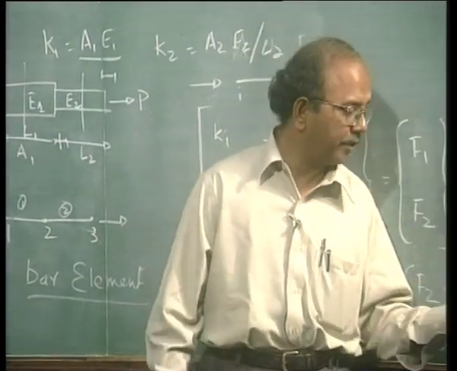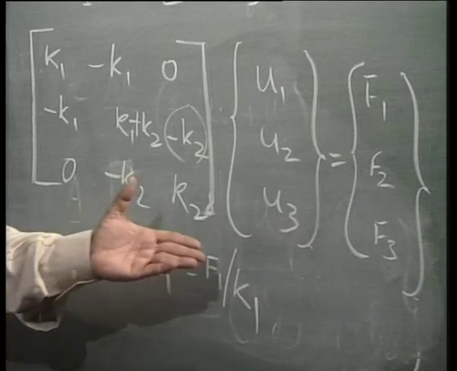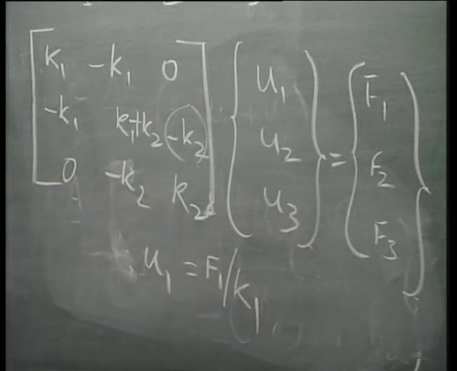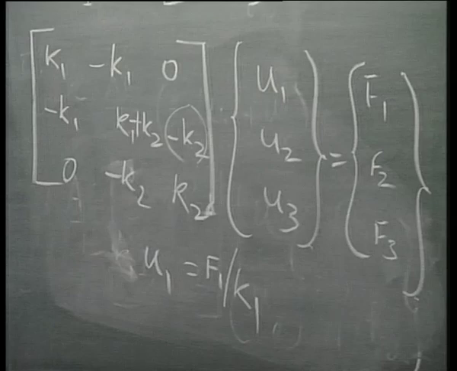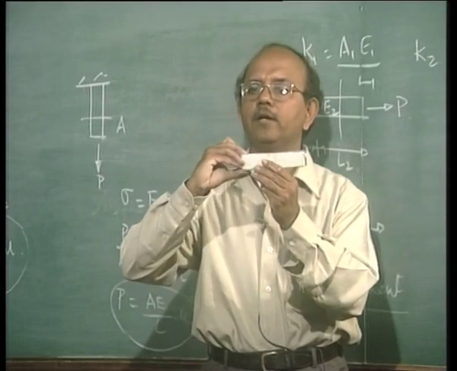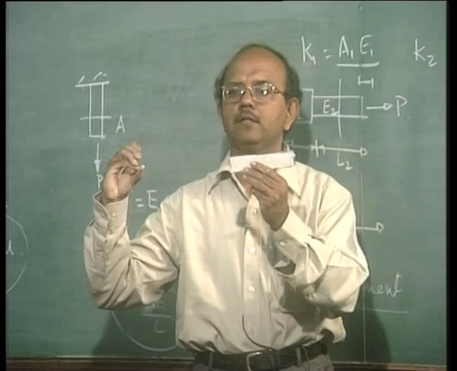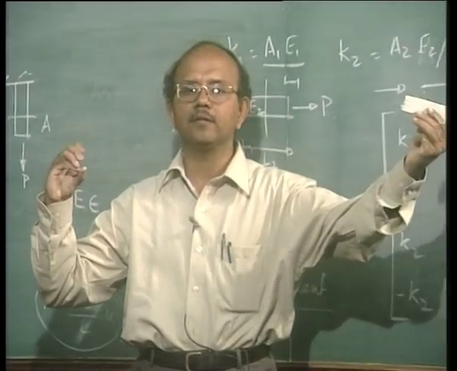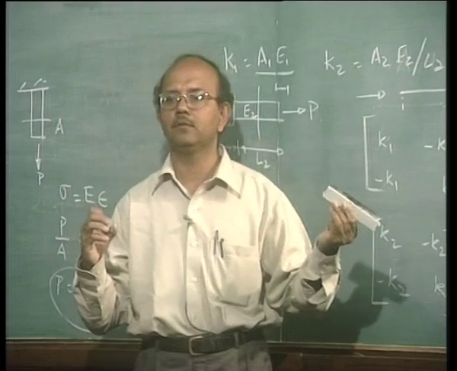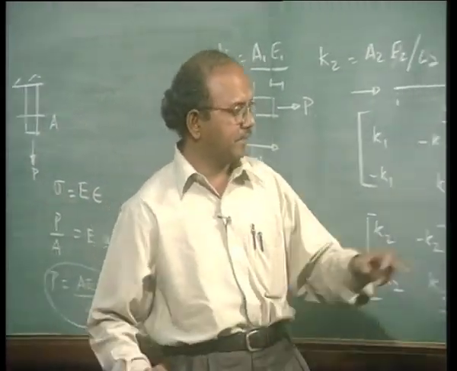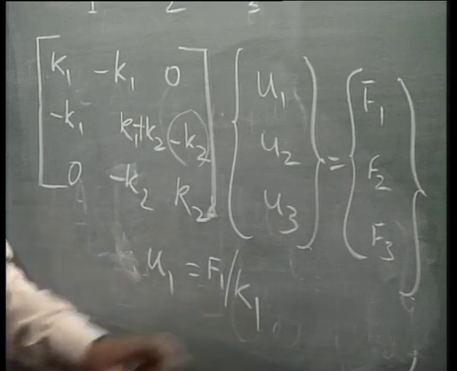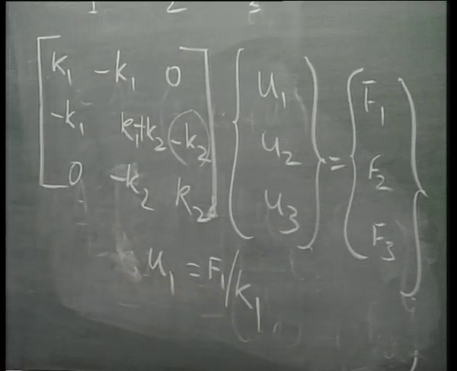So that particular condition is satisfied as long as K1 is positive. On the other hand, if K1 happens to be negative, what happens? Say for example, I take this bar, and then I start applying a force here. It will move in this direction if K1 is negative. That is not possible. The bar has to move in the same direction. So what does it indicate? It indicates that K1 has to be positive.